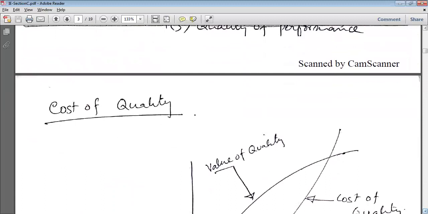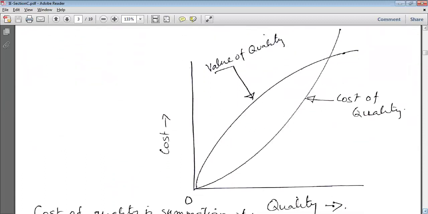Now we are coming to the cost of quality. So we can see cost versus quality, the value of quality. This is the graph that is drawn between quality and cost. What we do is start producing a zero quality product at zero cost, then we keep on increasing the quality, and it is constantly, exponentially increasing.